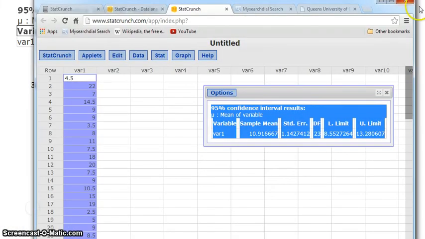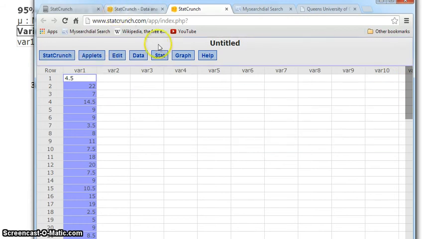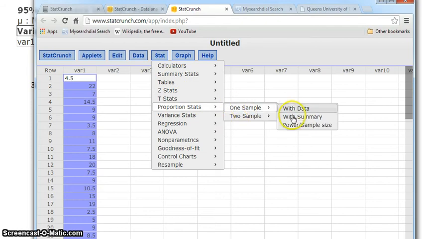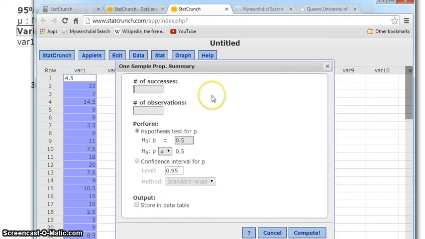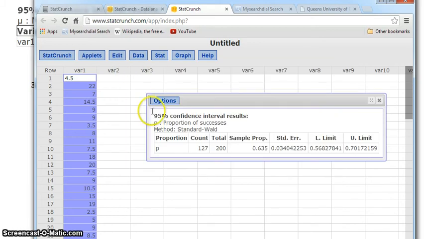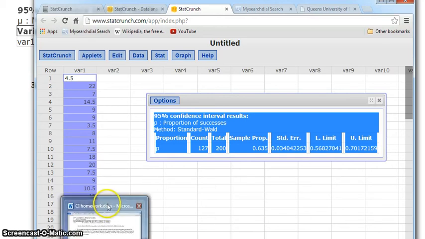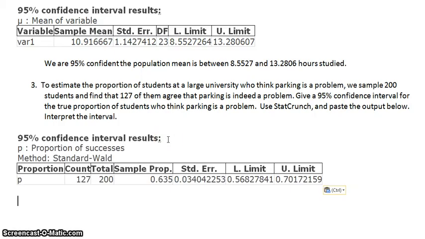So if we go back to StatCrunch, this time we're going to Proportion stats, one sample with summary, and it was 127 out of 200, and we don't want a hypothesis test, we want a confidence interval. So we'll compute, copy, paste over here, and interpret the interval.